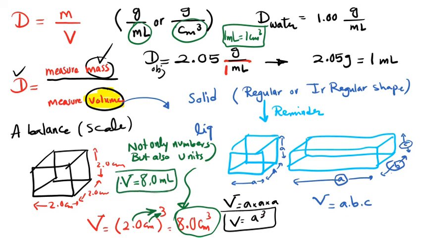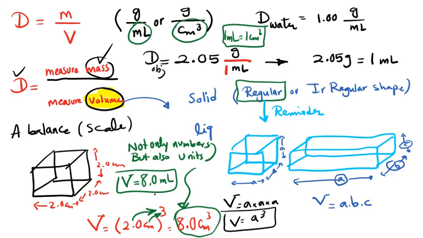So whenever we have a regular shaped solid, you can easily measure each side, and then based on the type of solid, you may use one of these two equations, and make sure your final answer for the volume is reported as either centimeter cube or ml.